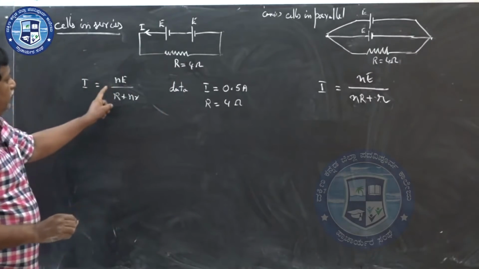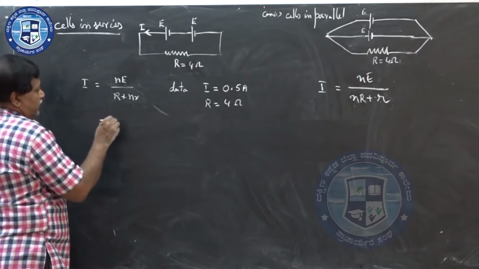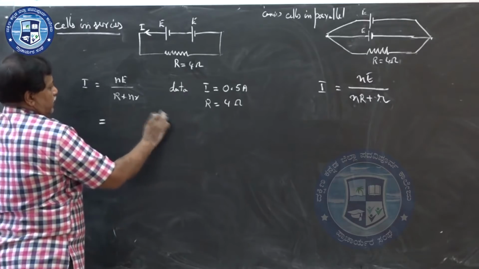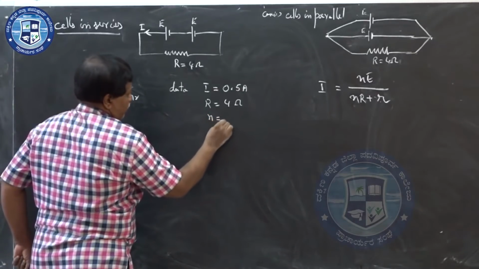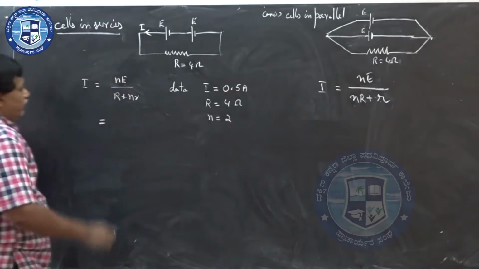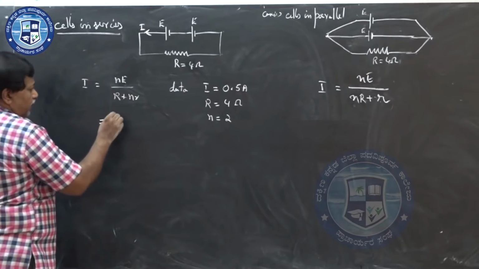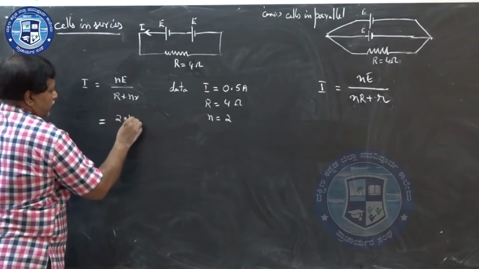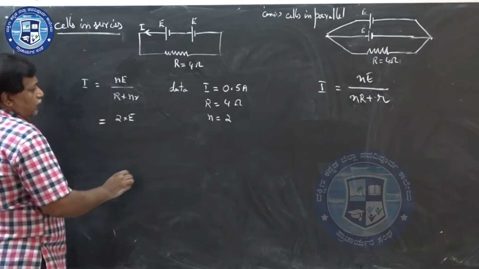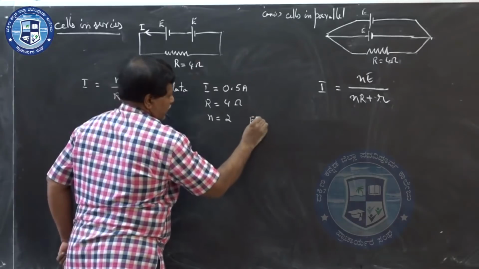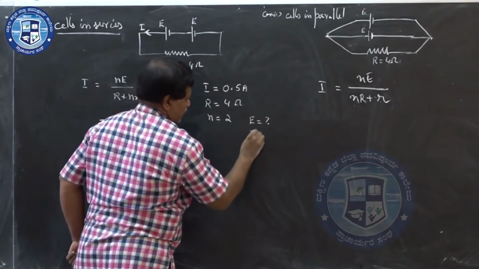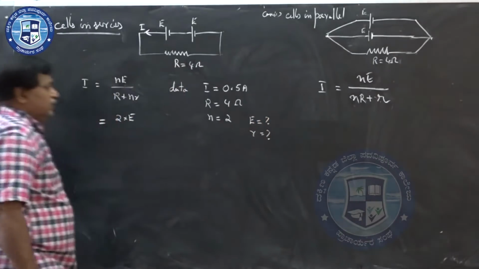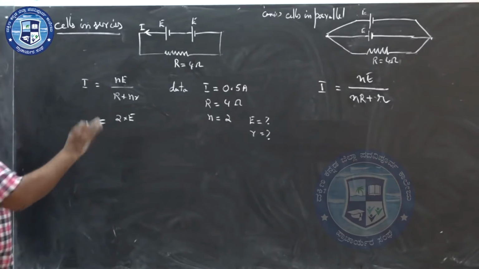If you substitute in this formula, N is also given, two identical cells, I equal to 2 into E. E is not given, we have to find what E is and how much r is, that is our problem here.